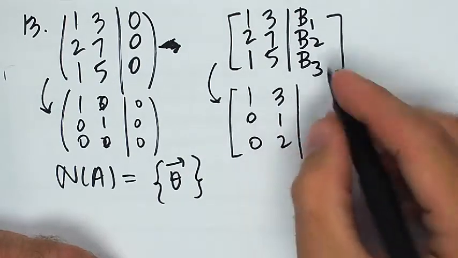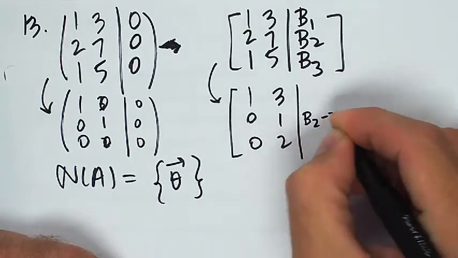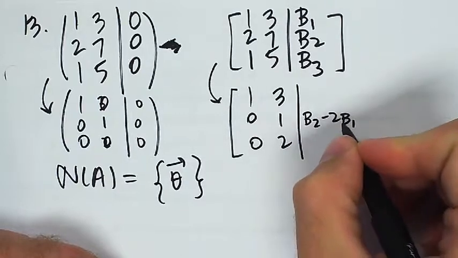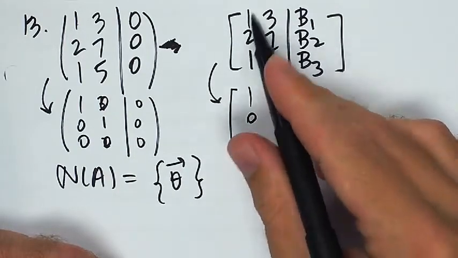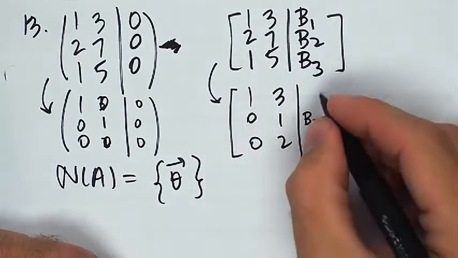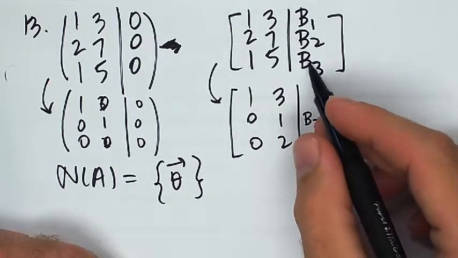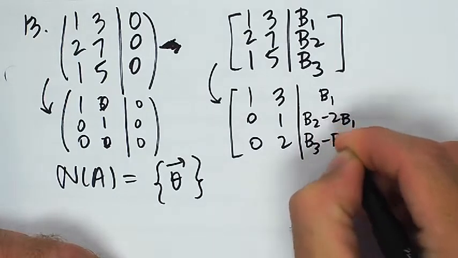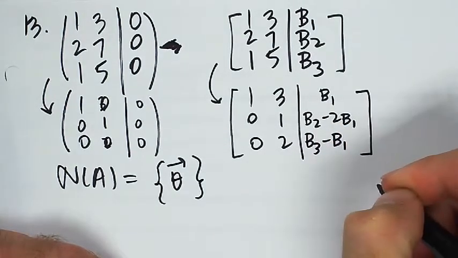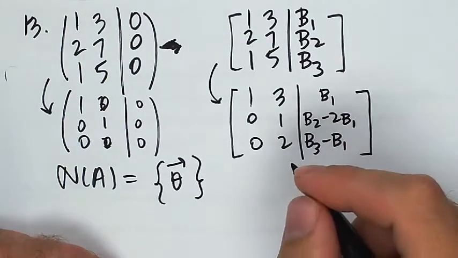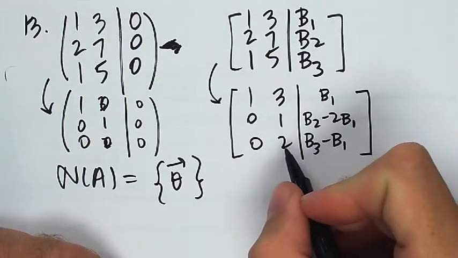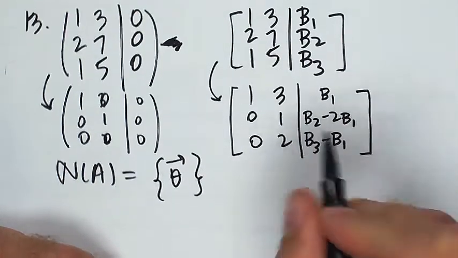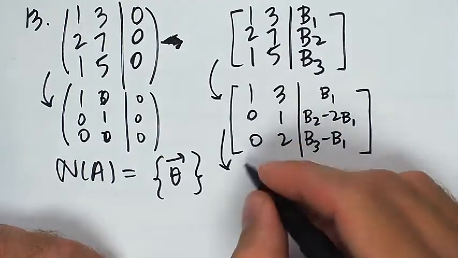All right, so b2 minus 2b1. Yeah, subtracting it. This is still b1, and b3 minus b1. And then I'm going to subtract 2 row 1s from row 3. That's going to be 1.